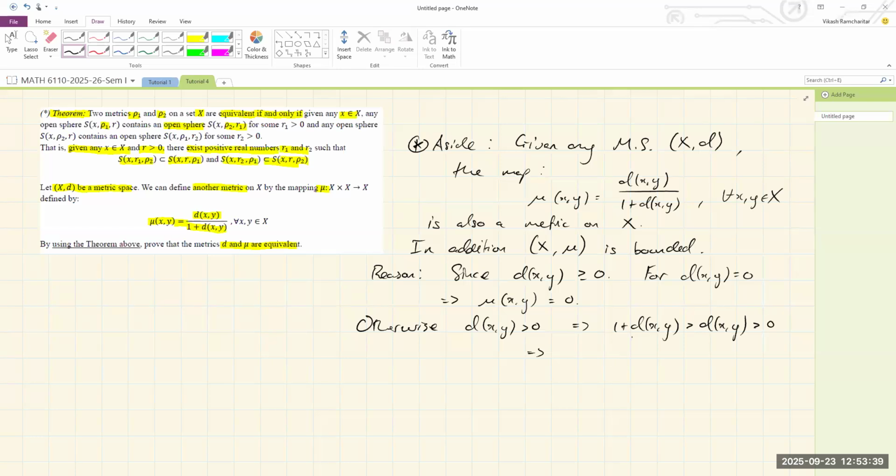And if you divide through by 1 plus D of x comma y, you get 1 is bigger than D of x comma y all over 1 plus D of x comma y, which is bigger than 0. And this guy here is just mu.